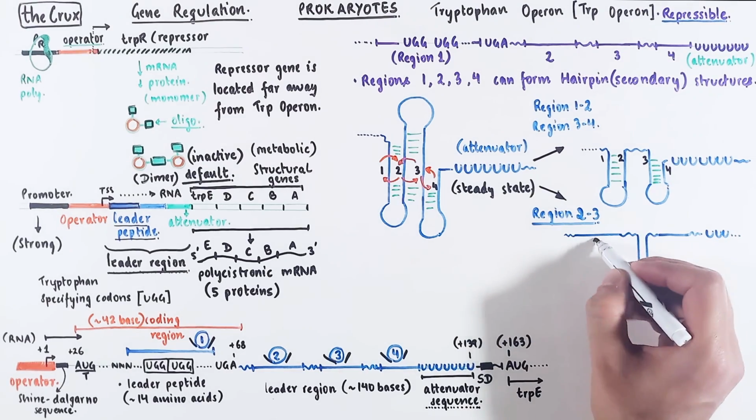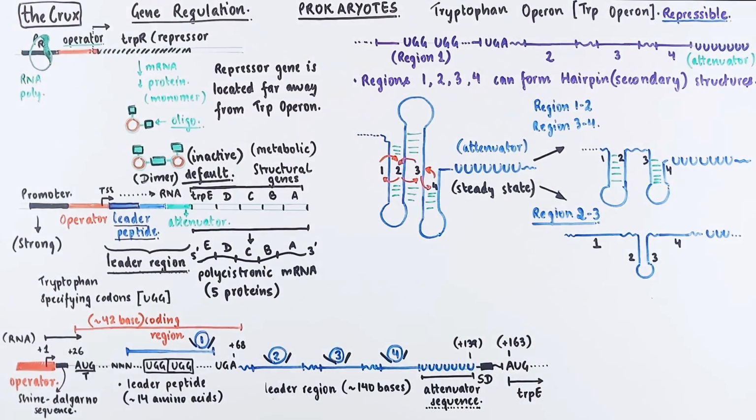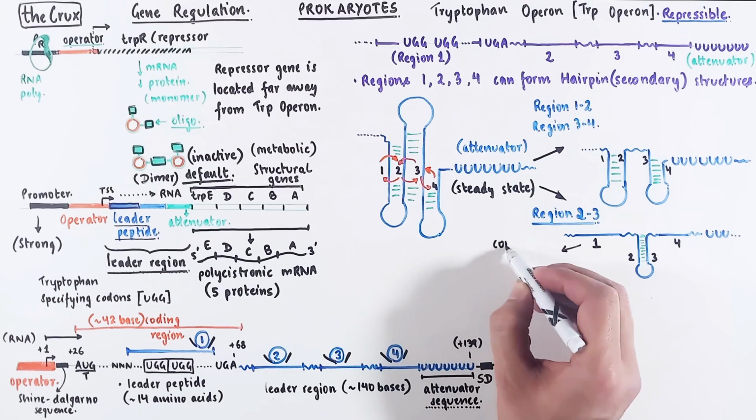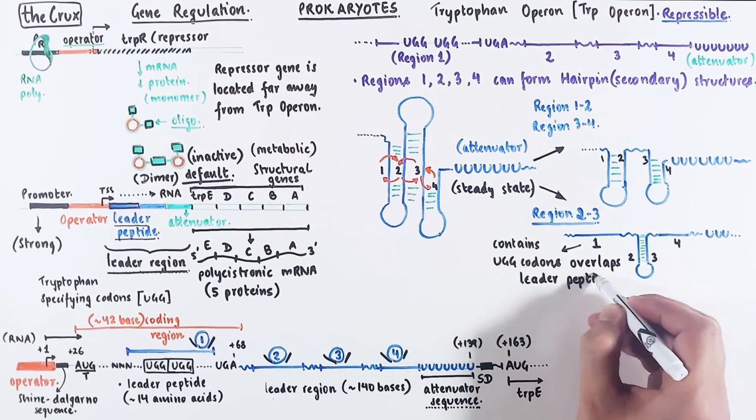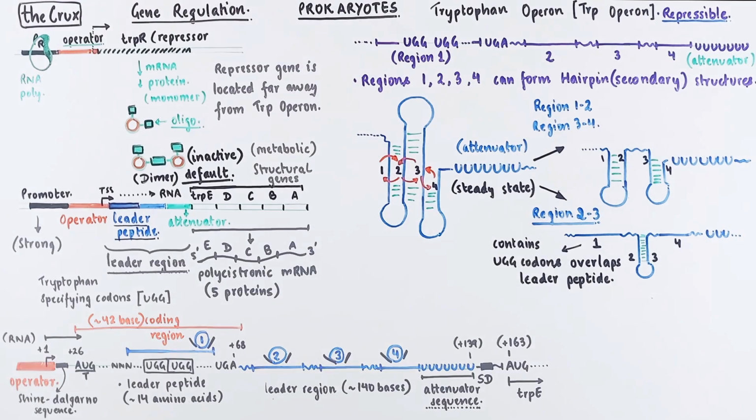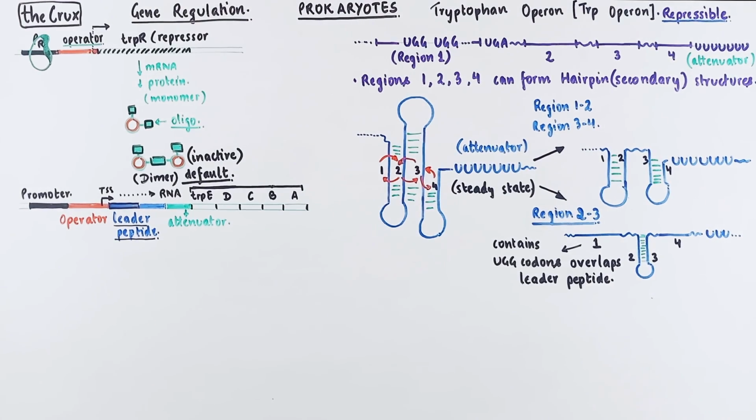And if this happens, the region 1 and 4 are left alone because they don't have any complementary sequence to form a hairpin. In this second state, the attenuator region is nowhere near the hairpin. And just remember that region 1 contains the UGG codons, which overlap with the leader peptide. Now we're ready to understand how tryptophan operon works in the presence or absence of its substrate.